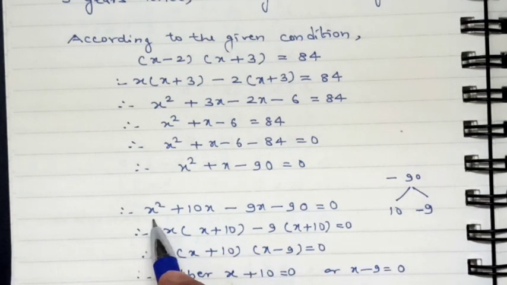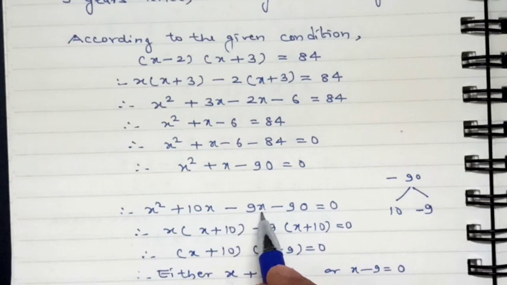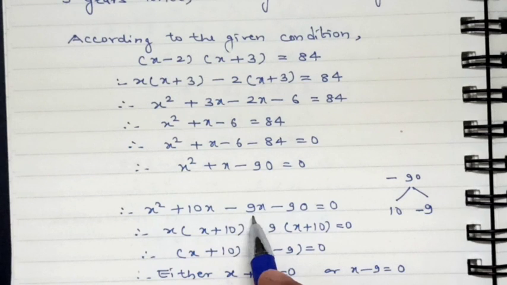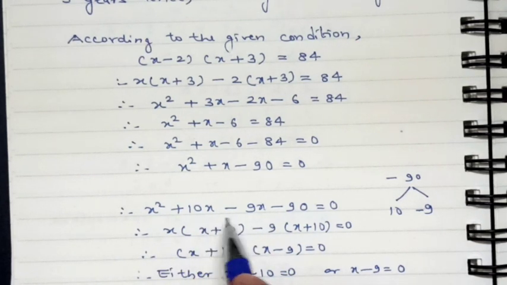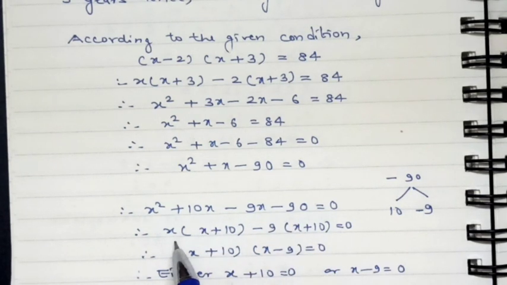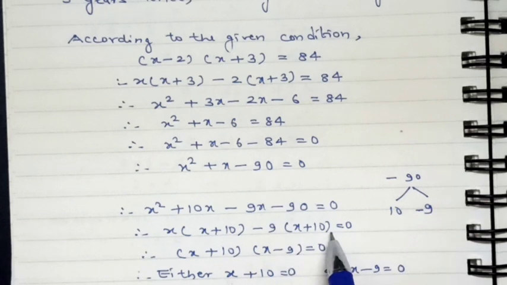So you will write therefore x square plus 10x minus 9x minus 90 is equal to 0. I am splitting the middle term now. After this, I'll take the first two terms and last two terms. Try to take common. Your common will be x. So x in bracket x plus 10, then minus 9 in bracket x plus 10 is equal to 0.